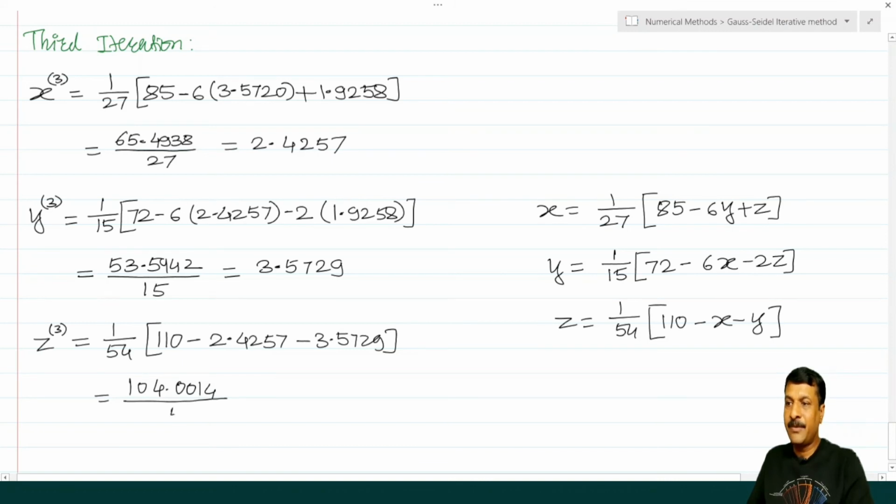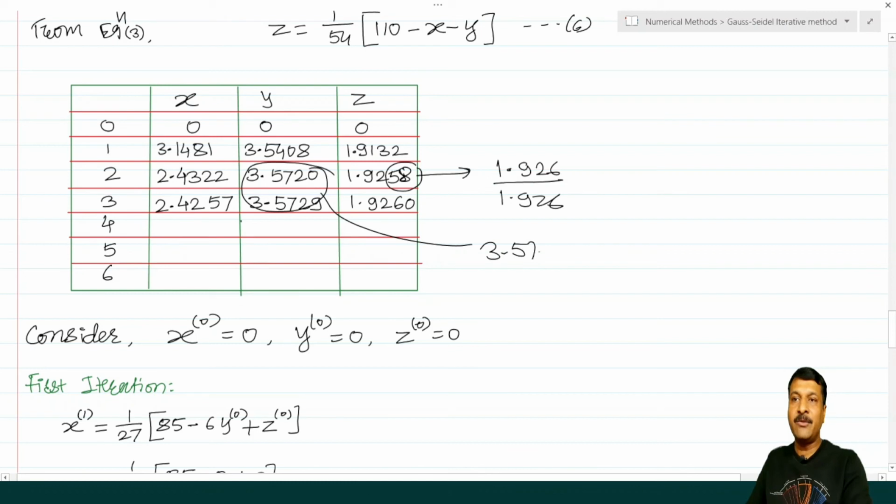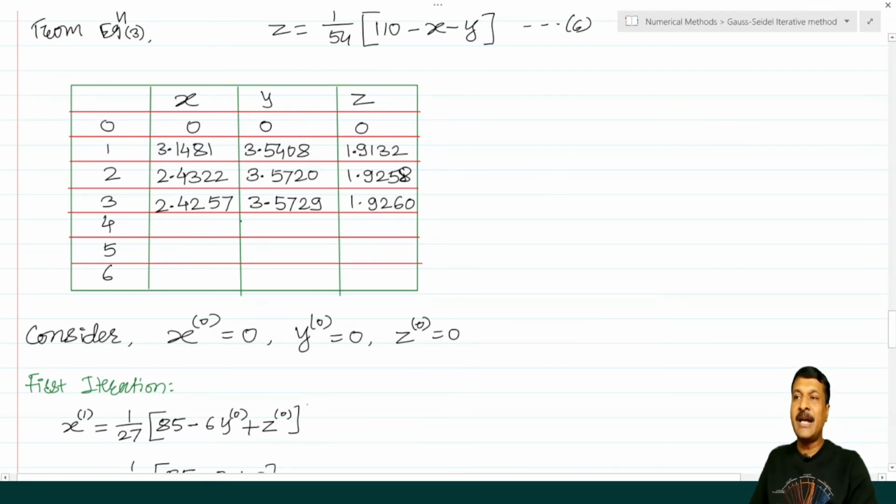The whole divided by 54 and that is equal to 1.9260. Note that if we restrict this solution up to 3 digits, it will be 1.926. Here also 1.926 up to 3 digits. It is 3.572, 3.573. Here is some difference. Definitely in the next iteration we will get the value of y also. But it is very clear that our answer is near 3.5 for y and x is near 2.4.